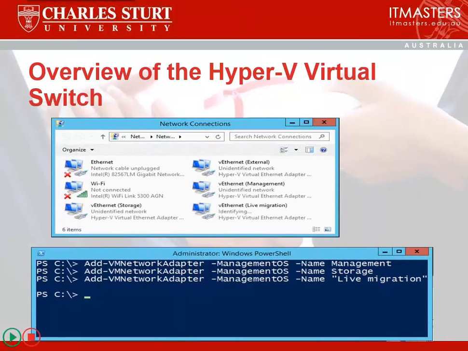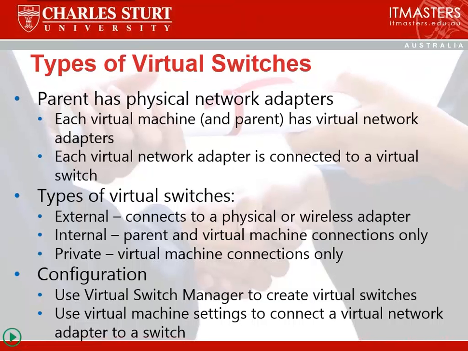So again, don't worry about the switches, not covered in the exam. There are 3 types of different virtual switches. One, you have the parent, which has a physical network adapter, and each virtual machine and parent will have a virtual network adapter. Then you will have each virtual network adapter which is connected to a virtual switch.